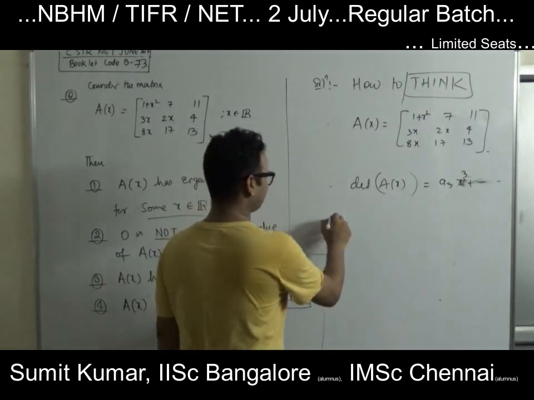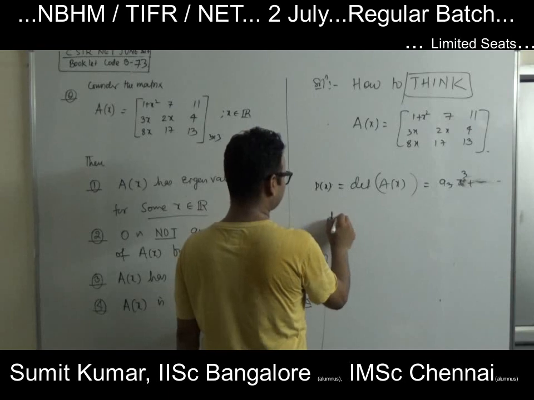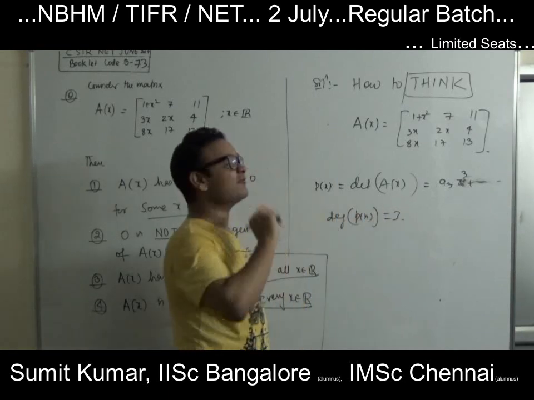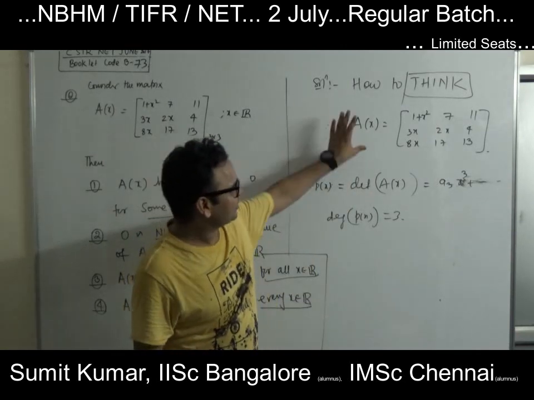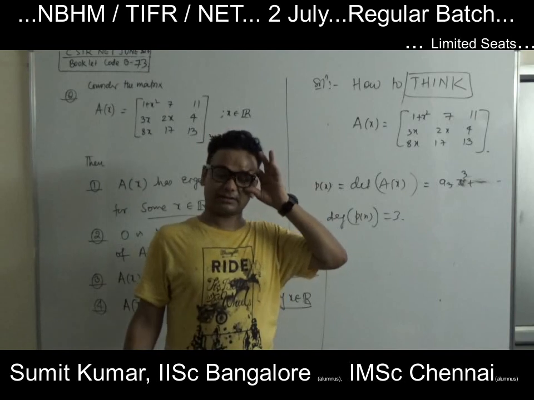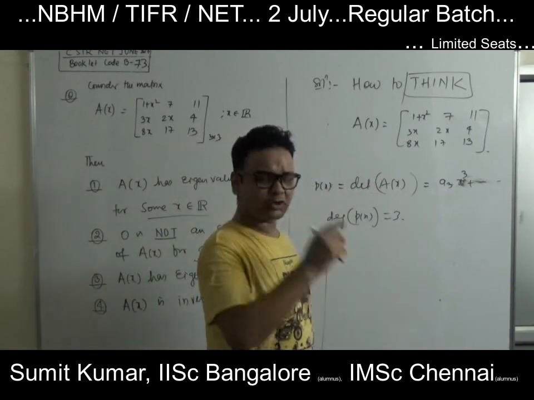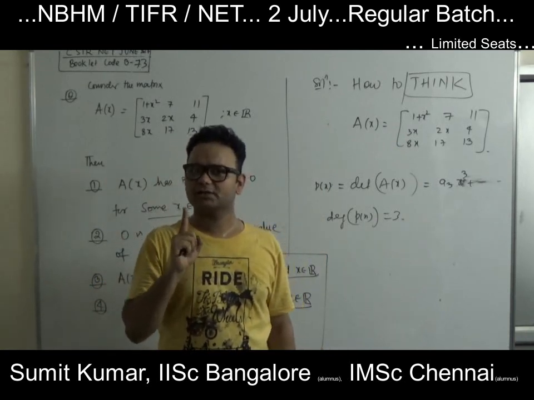Even if I call it p(x), the degree of p(x) is 3. I am not interested in evaluating the determinant of A(x). I am just interested that the determinant of A(x) is a polynomial of degree 3. So this is an odd degree polynomial with real coefficients, so it will have at least one real root.